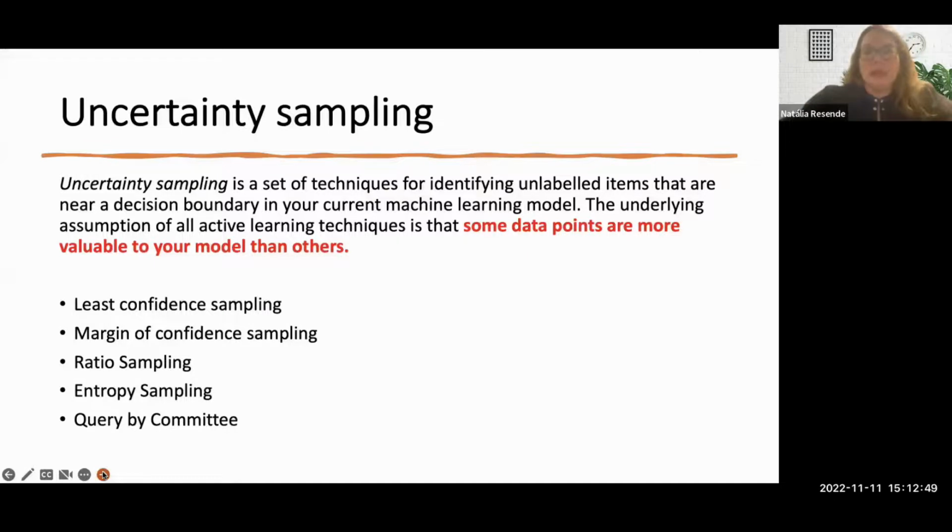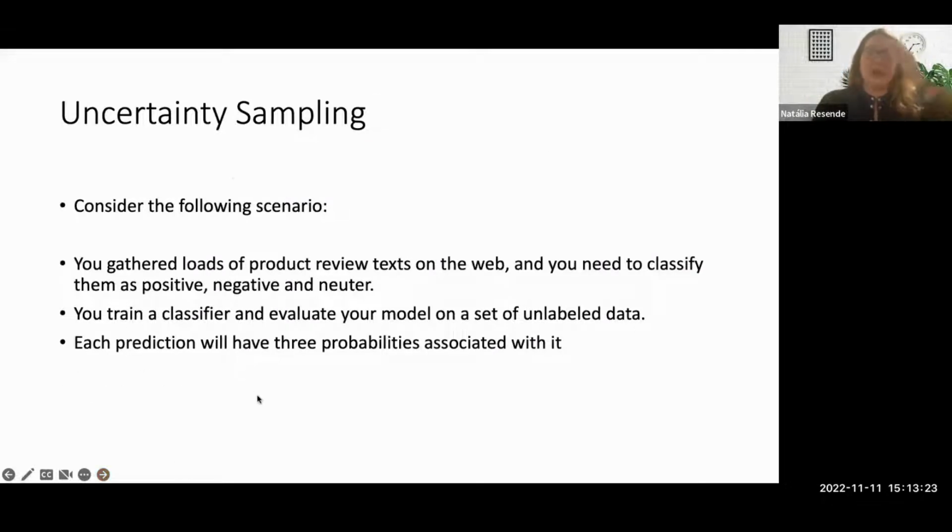In the literature, we see at least 5 strategies, and those are the most frequent strategies used in the literature. We are going to see them one by one. They usually apply to most problems, and they are also used with all types of machine learning models. So let's get started.